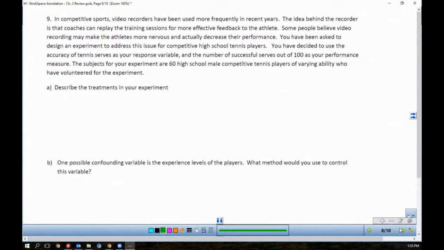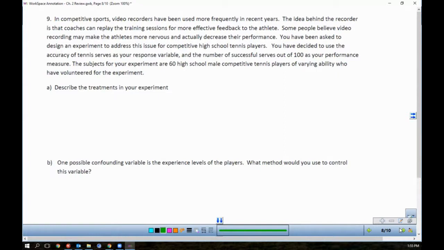That one's kind of small up there. In competitive sports, video recorders have been used more frequently in recent years.